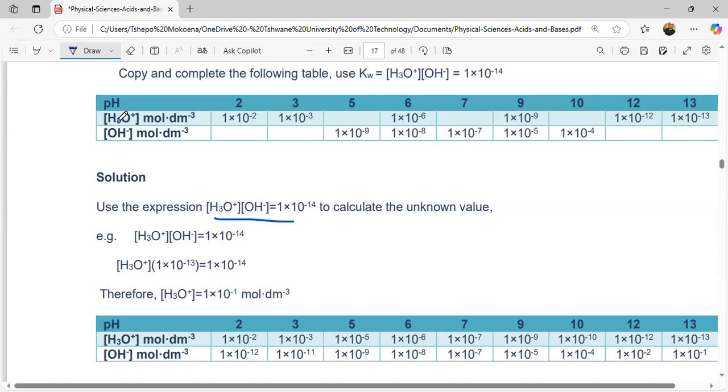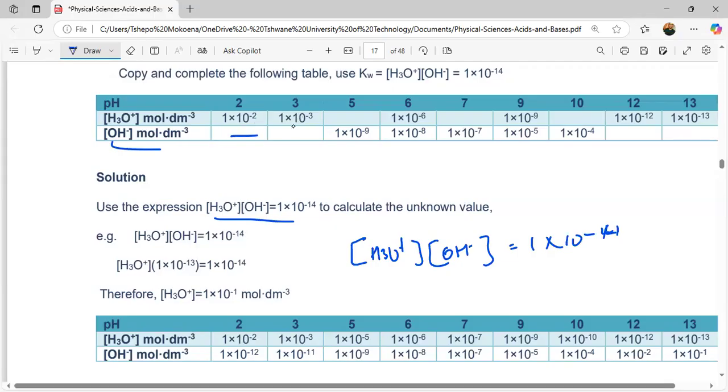You are given the H3O plus ion, but you are not given the OH minus ion. So what are you now going to do? The concentration of H3O plus ion multiplied by the concentration of OH minus ion is equal to 1 times 10 to the power of -14. We are looking for this, which is here.